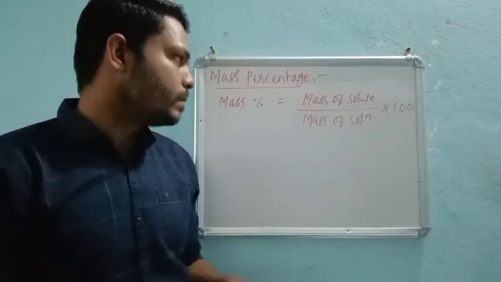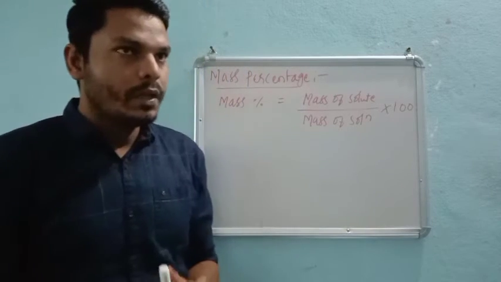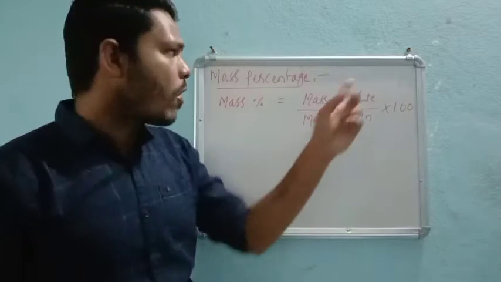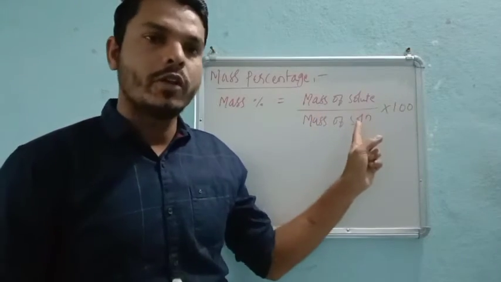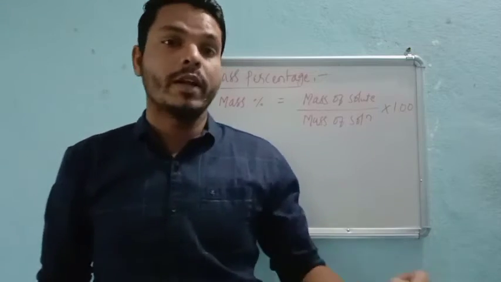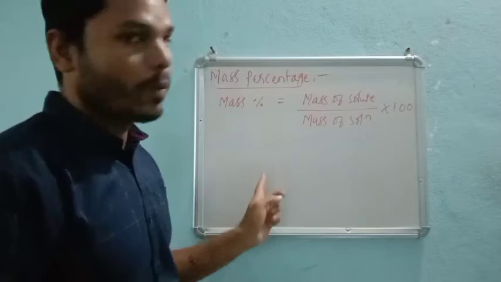So mass of solute, the mass we calculate in solid form, right? The trick here is they will give two components, and they will give all the values of solute as well as solvent, but we need to identify which is solvent and which is solute. This is the trick of this type of problems.